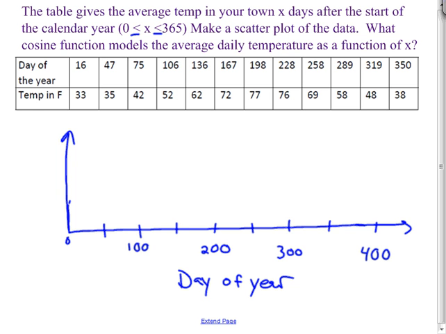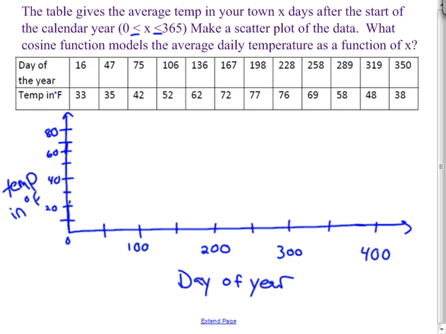And then my y value is my temperature in degrees Fahrenheit. So I'm going to have to figure out what I need to count my y-axis by. You may wish to jump because it looks like it goes from 30 up, but just as easy, it might be just to count by 10s straight up. So there's the basics to my graph.